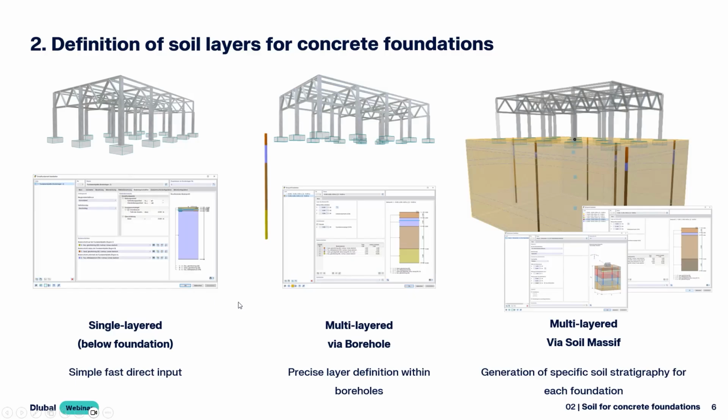If you have a layered soil below the foundation and you want to consider and define this, we provide the option to use the borehole dialog. For the concrete foundation add-on, the borehole dialog is provided too, so no geotechnical analysis add-on is needed for using this solution. There you can go to the borehole as we showed for our advanced half-space method, define the soil layers, assign them to the foundations and use it.